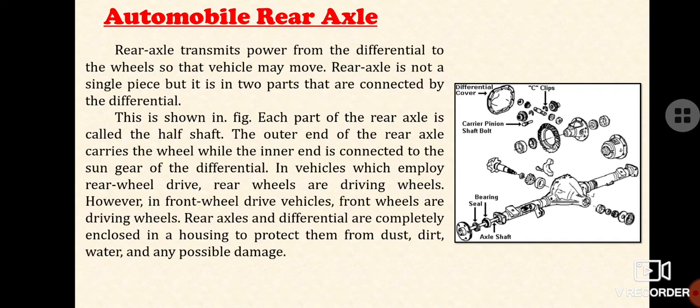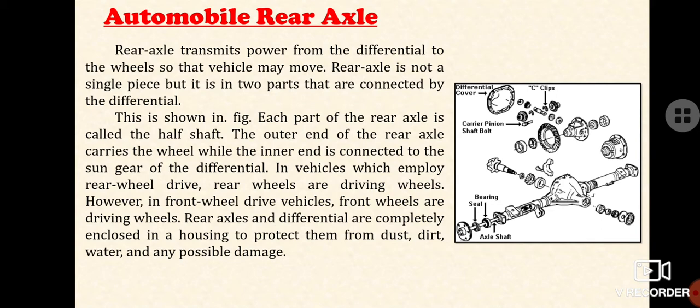So the rear axle transmits power from the differential to the wheels so that the vehicle may move. Means, as we have discussed, it takes power from an engine via the drive shaft and delivers it to the wheels.